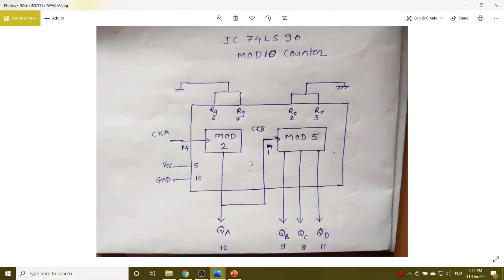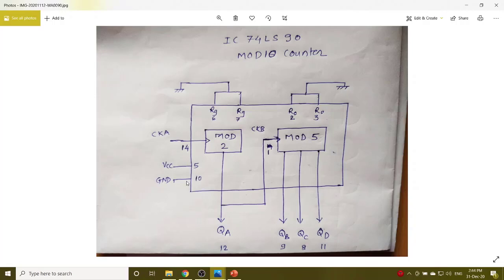In this video, I am going to demonstrate a Mod 10 counter using IC 74LS90. This is the circuit diagram of the Mod 10 counter. Please refer to the datasheet of 74LS90, which is a 14-pin IC. Pin numbers 2 and 3 are R0 reset. Pin numbers 6 and 7, R9, are connected to the ground. Pin number 14 is clock A. Pin number 5 is connected to VCC.